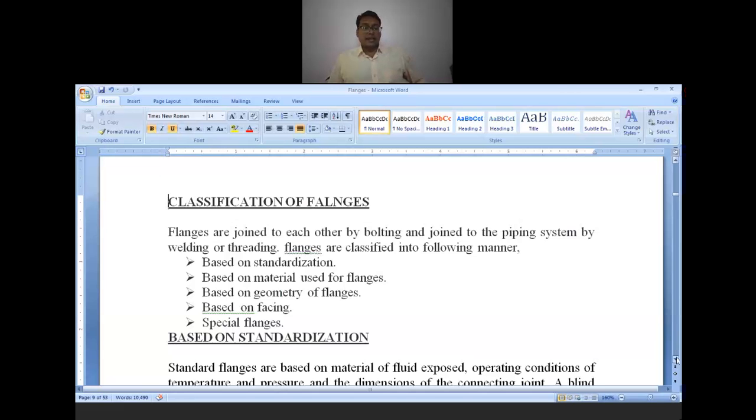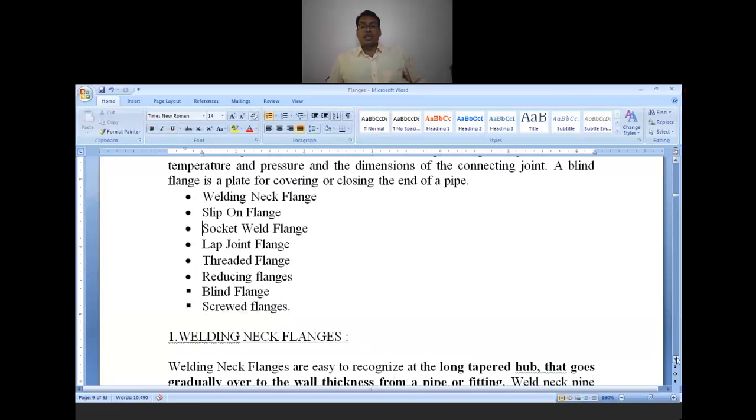What is facing? That we will understand. Then based on the standard flanges, according to the schedule number and the class, it means it will be perfectly used up to that temperature and up to that pressure range.